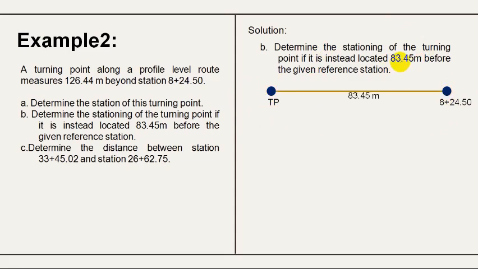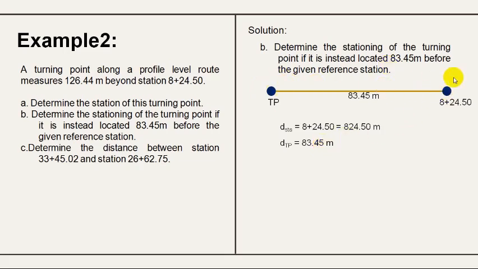meters. So, to get our turning point, the distance of our station is 8 plus 24.50, or equals 824.50 meters. Then, the distance from this station to the turning point is 83.45.